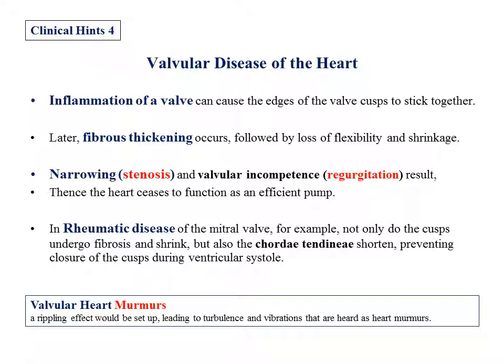A good example of valvular disease in the younger age group is rheumatic heart disease of the mitral valve, where not only do the cusps undergo fibrosis and shrinkage, but also the chordae tendineae, which connect the cusps to the papillary muscles. The chordae tendineae are shortened and fibrosed, preventing closure of the cusps during ventricular systole.